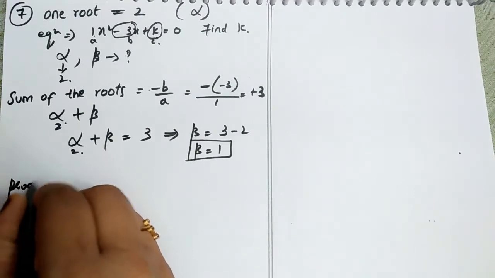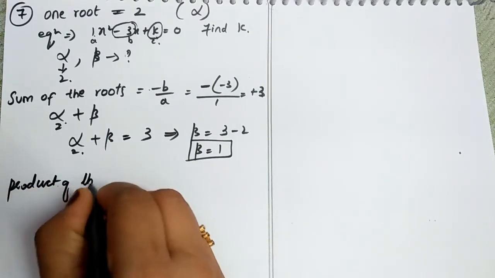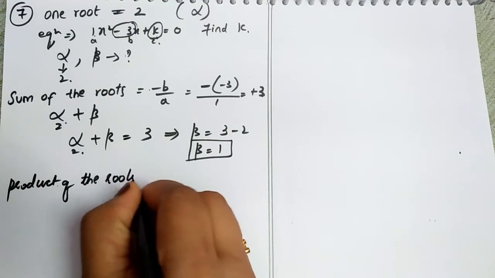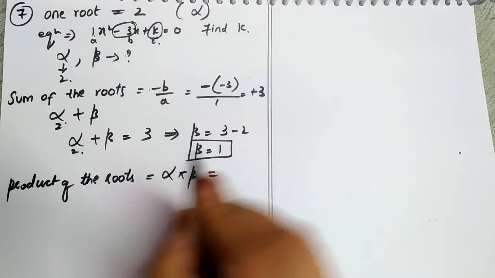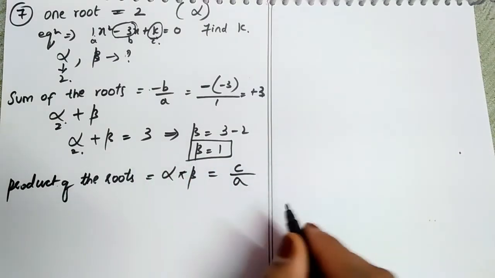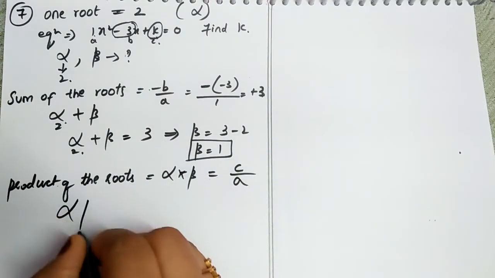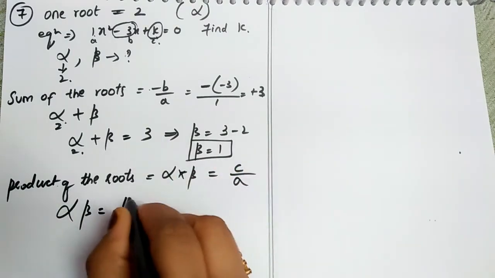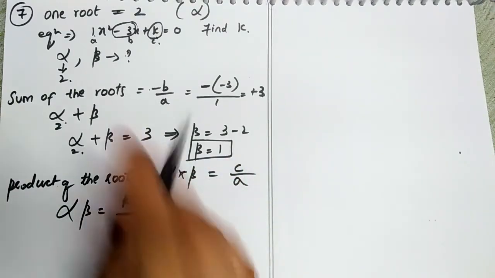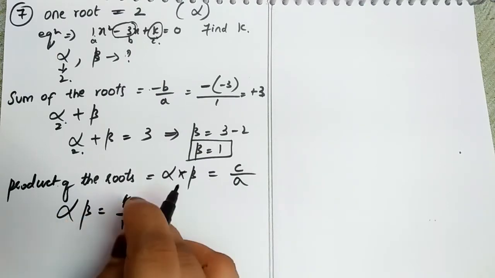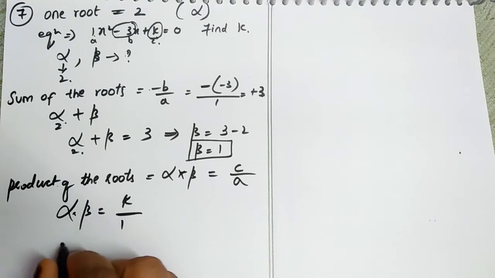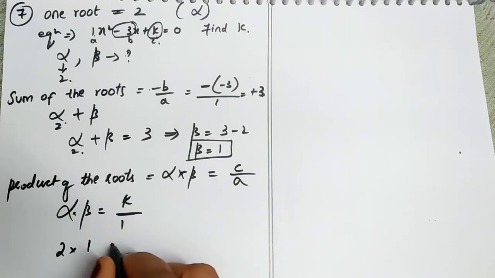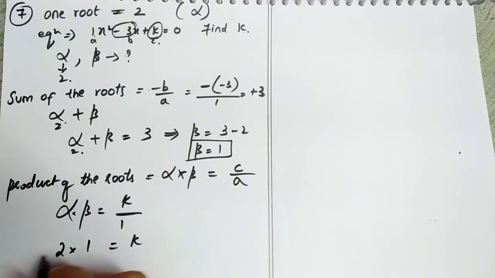The product of the roots is alpha into beta, and the formula for the product is c by a. What is c? We don't know, it's k. What is a? It is 1. So alpha into beta is k. Alpha is 2 and beta is 1. The answer is k equals 2.